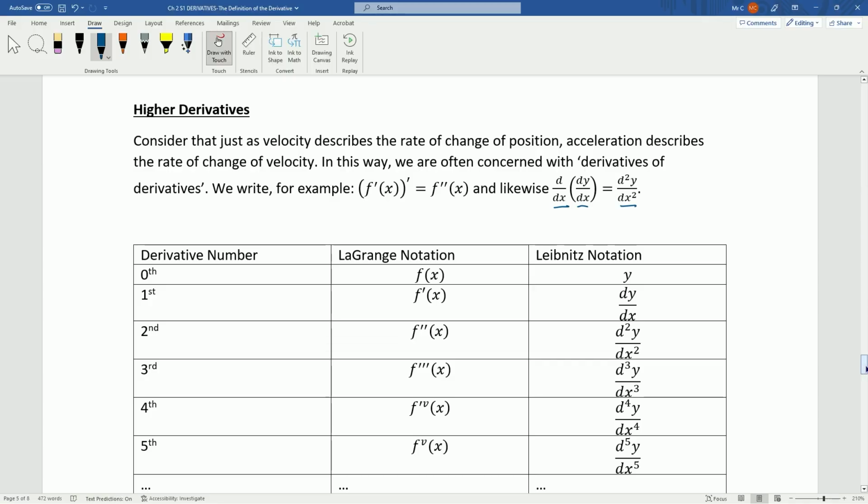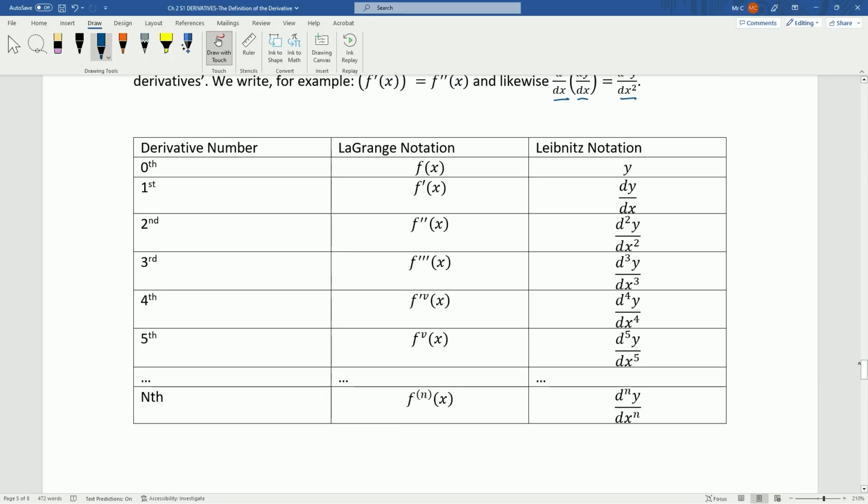Okay, so we'll just look at a little chart here. We call the original function the 0th derivative. In Lagrange notation, we'll write f of x. In Leibniz notation, we'll just write y. For the first derivative, f prime of x, or dy dx. Second derivative, we'll write f double prime of x. We'll write the second derivative of y with respect to x twice. The third derivative, f triple prime of x.